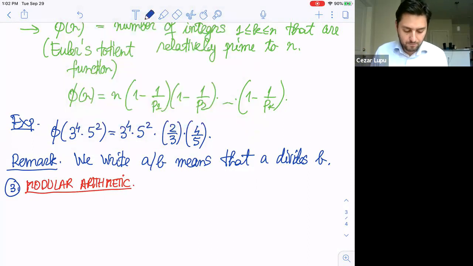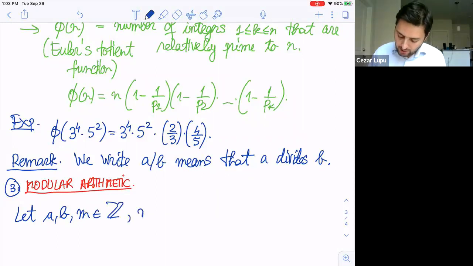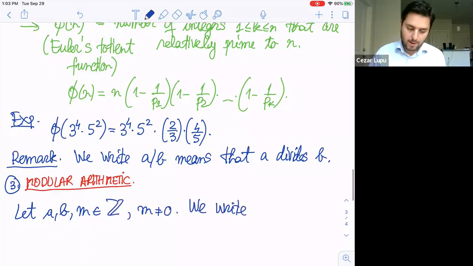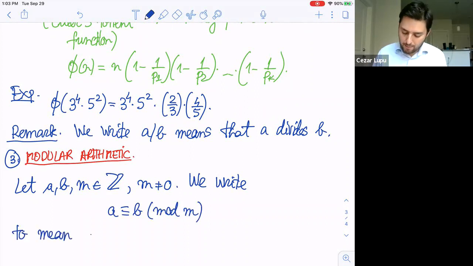Okay, now let's talk about congruences. Let a, b, and m be integers, and let's say that m is not 0. Now we will write that a is congruent to b mod m, pay attention, to mean that m divides a minus b.